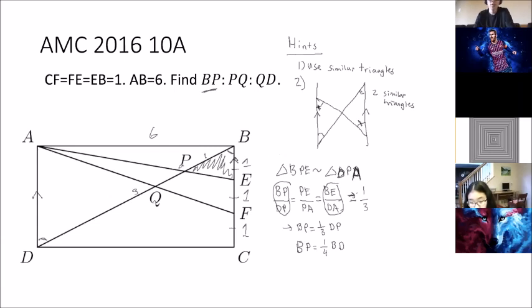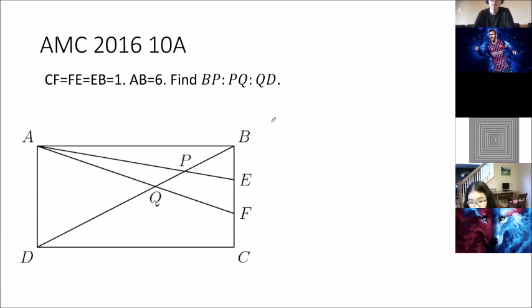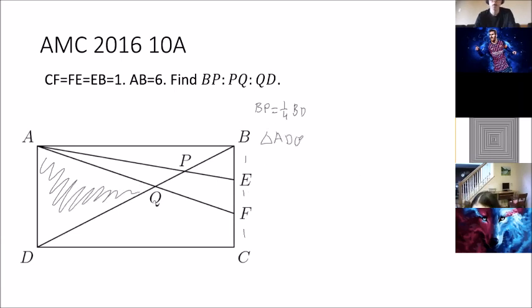Instead, what we can do is, let me just rewrite this. We can actually find QD in a similar manner. So if you look at triangle ADQ, there's a triangle that's similar to it. Can you guys see what it is?